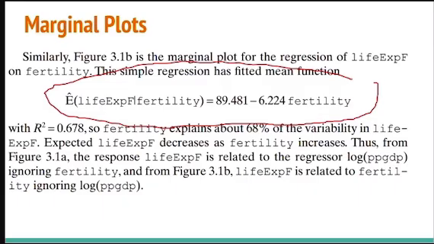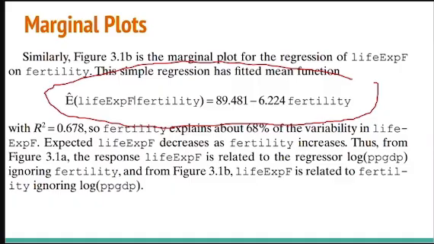We're talking about this explanation. Don't forget, we believe there's 100% variation in the response. I'm trying to figure out how much of that the variable of interest is able to explain. But let me tell you this. This is also a marginal plot because we are ignoring another potential variable. The potential variable that has a connection to life expectancy is the logarithm of the per capita GDP.